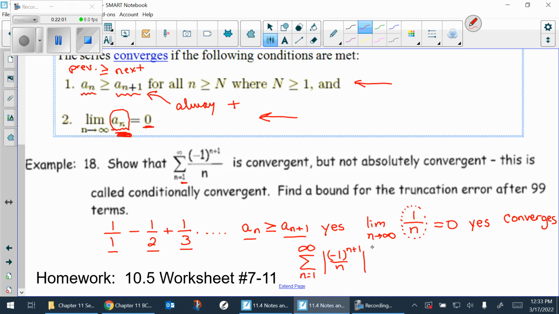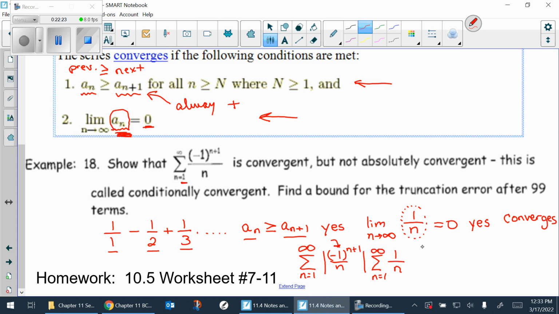Now, the absolute value is going to take this thing that makes the terms possibly being subtracted. Everything's going to be positive now, isn't it? And if everything's positive, then this is just like a series of 1 over n, n equals 1 to infinity.